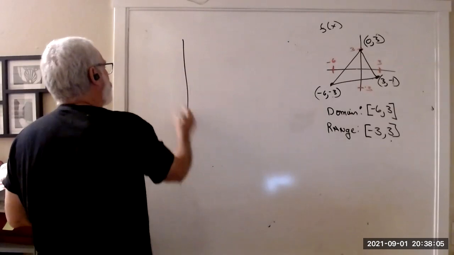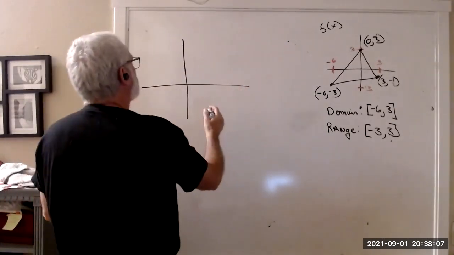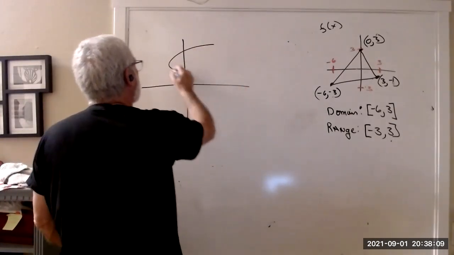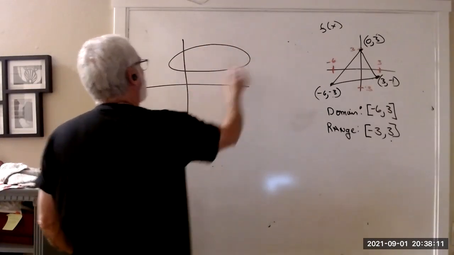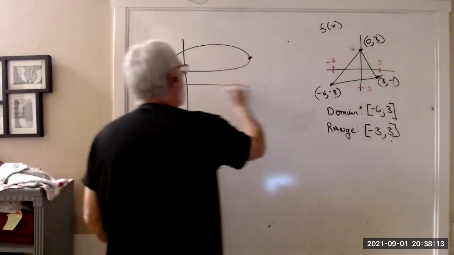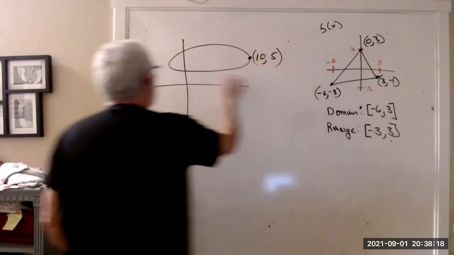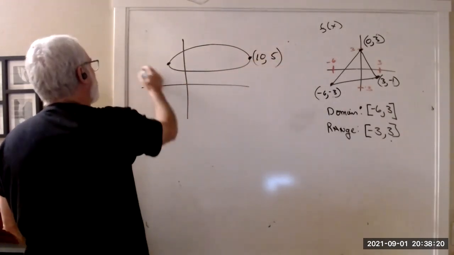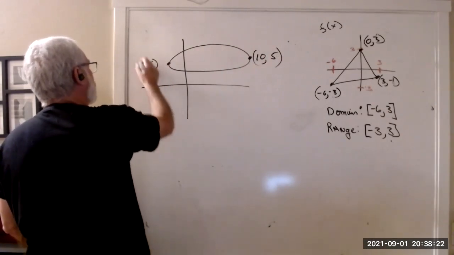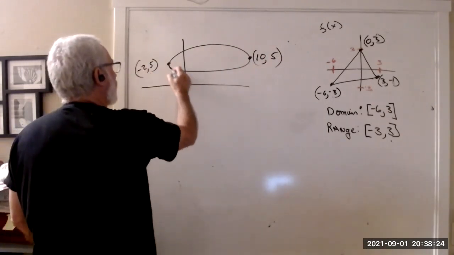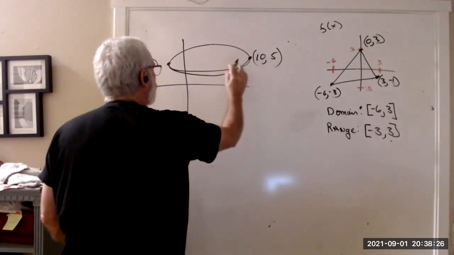Okay, new picture. Let's take an ellipse. This point looks like 10, 5. And this point looks like, oh, I don't know, -2, 5. And I want to come down here like this.